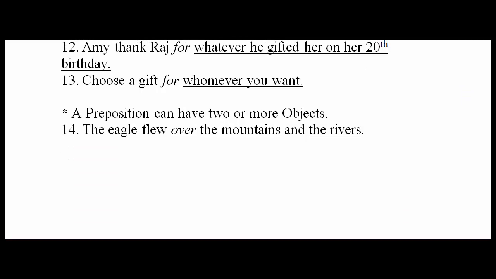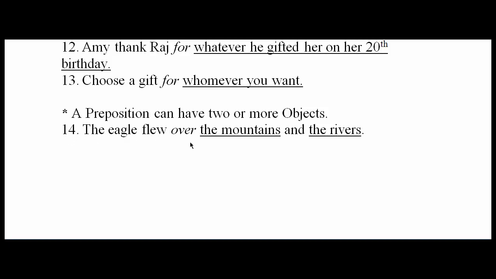Now the sixth point of a preposition. A preposition can have two or more objects. It is not necessary that a preposition can take only one object. It can have two or more objects, as the 14th example will show. The eagle flew over the mountains and the rivers.